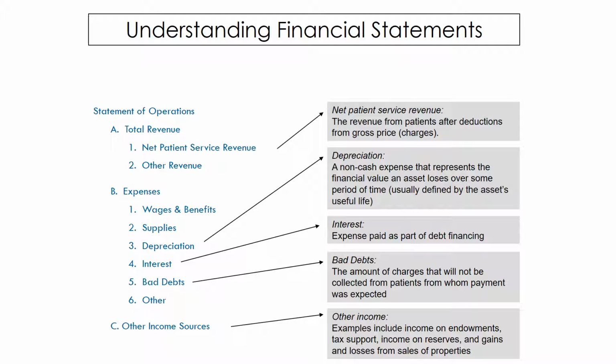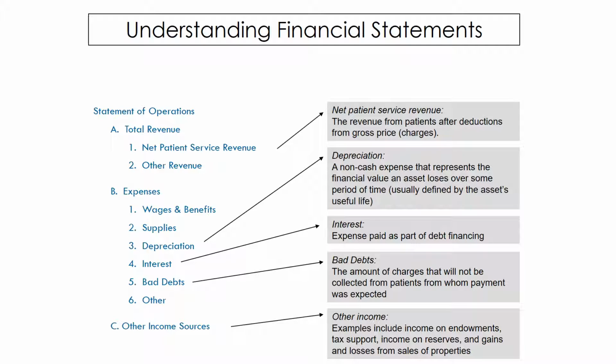And so they have a nurse that tends to them. They're there to receive physicians. You have to have a physician in order to bill, in order to provide the service. So you have a lot of people that work in hospitals. And so your wages and benefits tend to be the largest piece, usually about 50 to 60% of all your expenses.